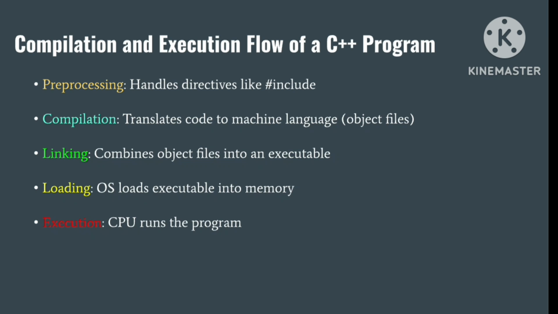In compilation, all the code is read together and the problems in the program are identified. Then comes linking. In linking, all object files are converted into an executable file, so .exe for Windows.